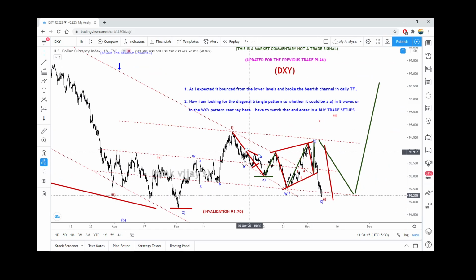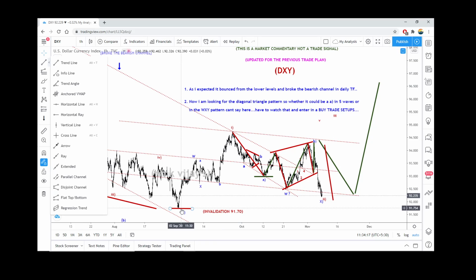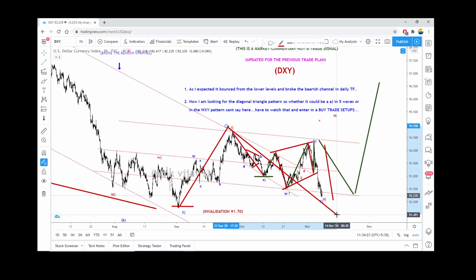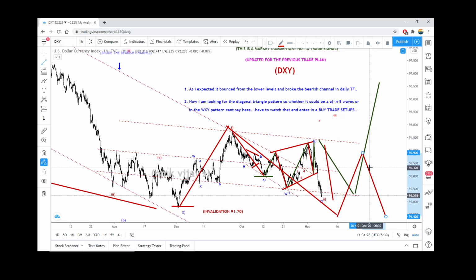So then there is a lot of chances for making only irregular flats. How I mean, if it breaks this low, then there is a chance for making an irregular flat and then it has to come down only. So there is no chance for making one more high.